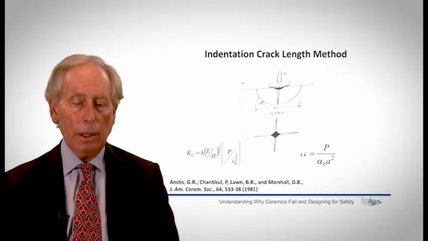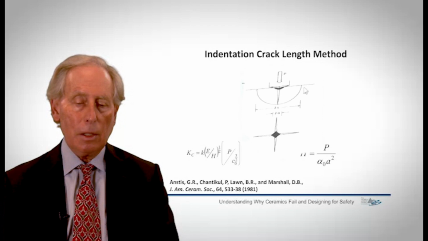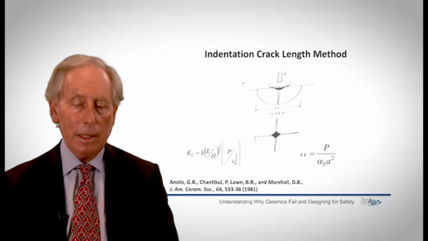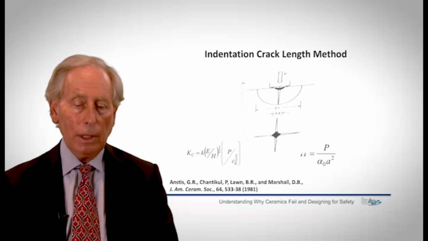to what I showed in the earlier test, but in this case, instead of polishing off the damage caused by the Vickers indentation, I make use of the stress field introduced by that damage in the expression that you see here. The original reference, I think the best one, to the expression for calculating fracture toughness from it is the one that you see here.